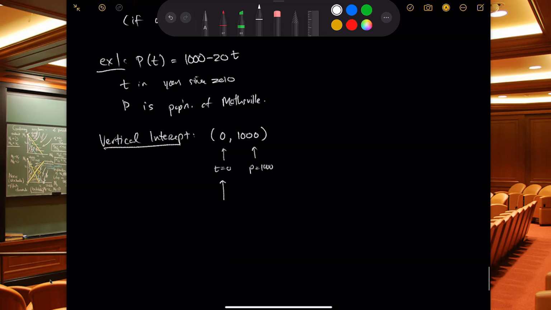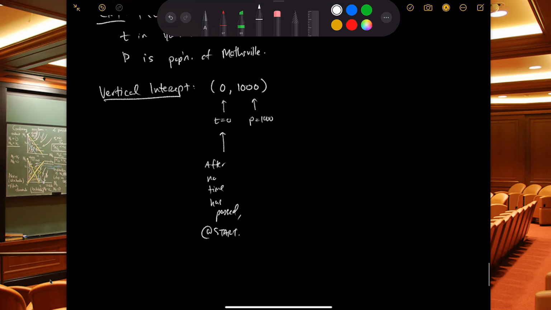This means t equals 0, p equals 1000. What is t again? This means after no time has passed, or you could think at the start, which really means in the year 2010.